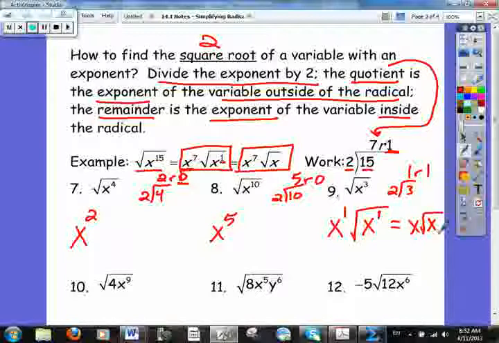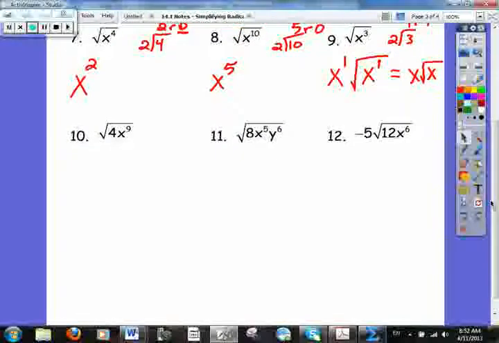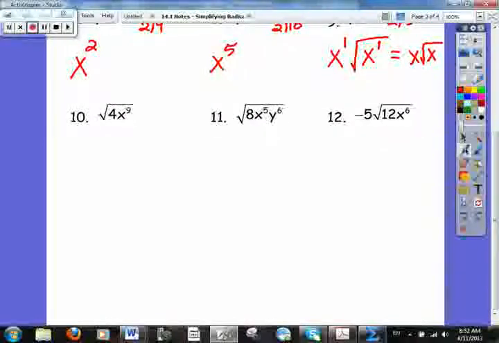Alright, let's move down. Now I've got some numbers and some variables, so I have to apply both rules. I'm going to separate it for myself into the square root of 4 and the square root of x to the 9th, and this is multiplication. Now what's the square root of 4?